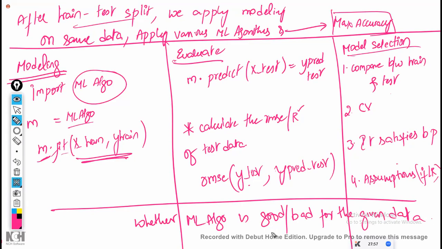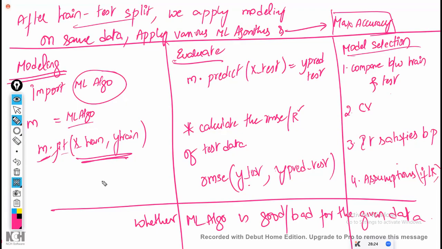First, we'll try algorithm number 1, completed. Go with algorithm number 2, same to same, completed. Algorithm number 3, completed. Algorithm number 4, completed. Algorithm number 5, completed. Whatever algorithms are related to the given project, we have to apply all of them. If you have 20 algorithms applicable for the given data, we have to try with 20. 30 means 30, 40 means 40, 900 means 900.